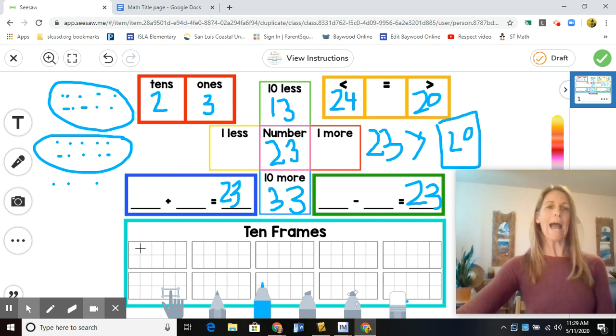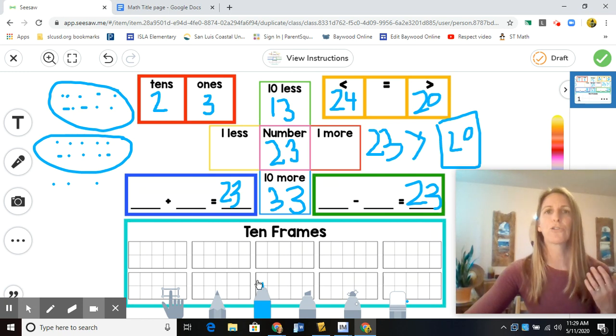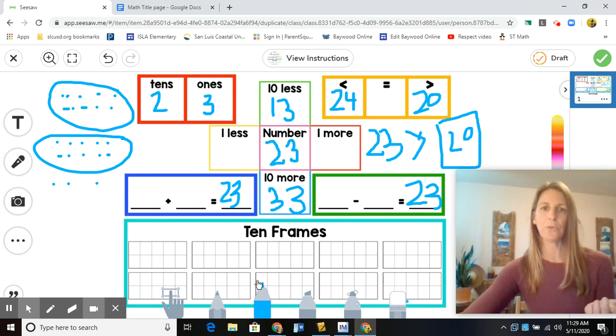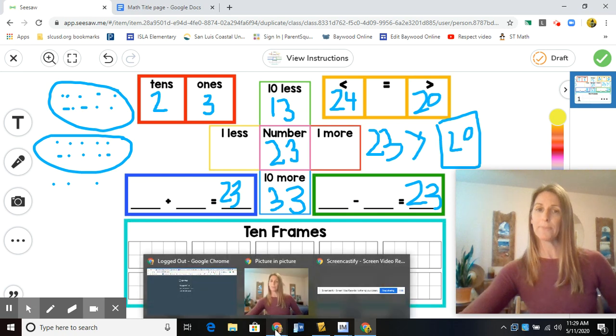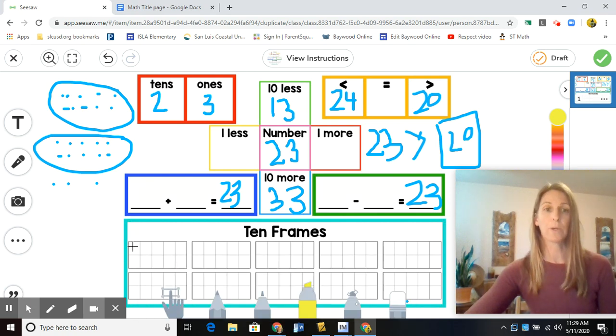All right, and last but not least, down here is the tens frame. You're showing a picture of 23, kind of like I did right there. I like to use my highlighter for that. I'm just going to mark in my tens frame 23 dots. I know that each rectangle is worth 10, the 5 and the 5, so I'll go kind of fast.